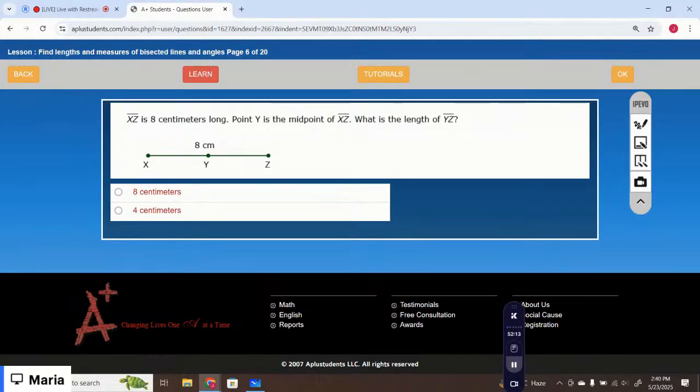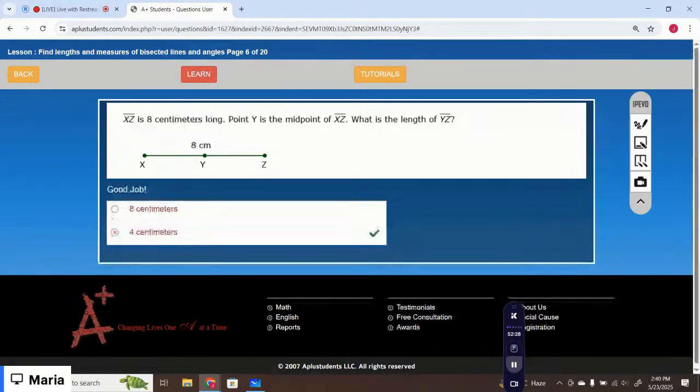XC is 8 centimeters long. Point Y is the midpoint of XC. What is the length of XY? That is 4 centimeters. Option number 2 is the correct option.